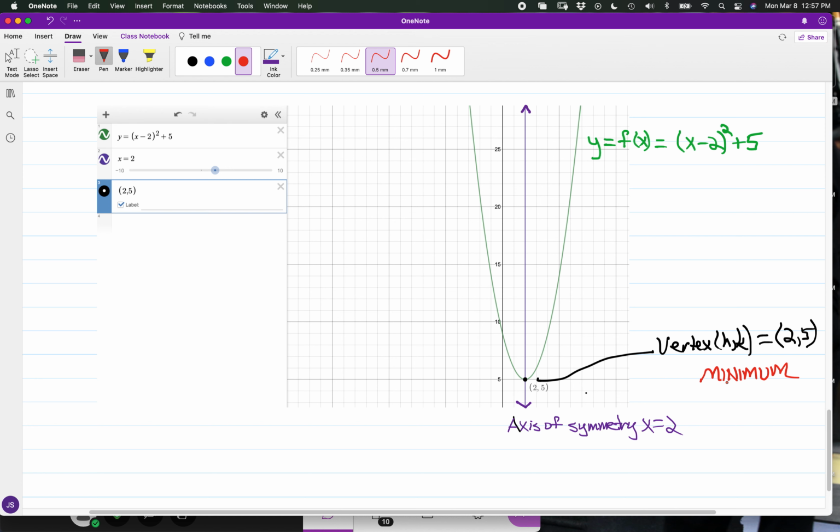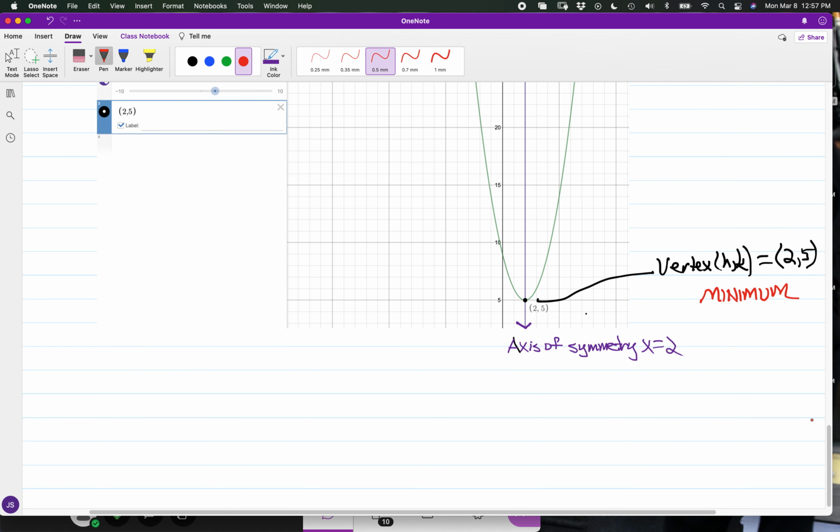Now, here's a situation where we can have another quadratic function, with a little bit of a change up in terms of the dynamics as well as the sign values.